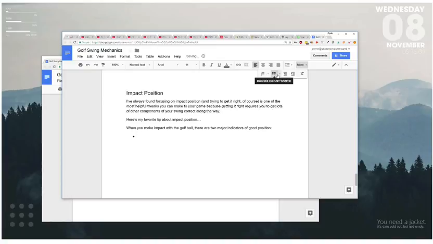Make a bullet list. Your arm is parallel with your lead leg. We'll change this to lead arm. It's straight and parallel with your lead leg.